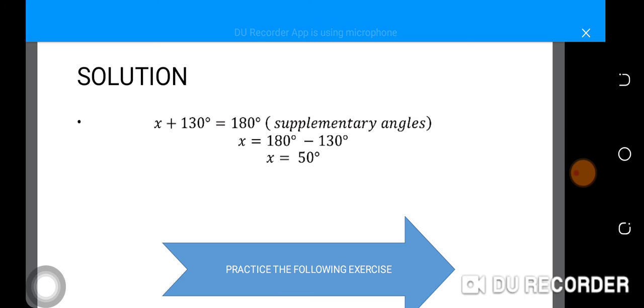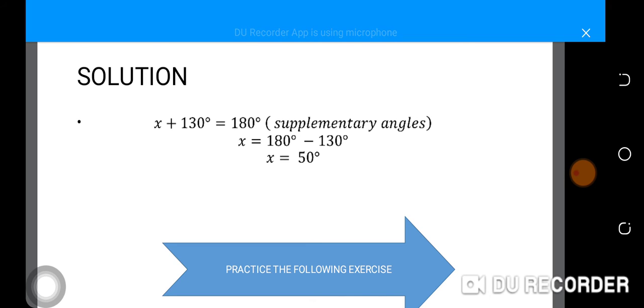Now let us look at the solution. x plus 130 degrees is equal to 180 degrees. Why? These are supplementary angles, so you have to indicate the reason there in brackets. Now, for us to find the value of x, we are going to use inverse operation.